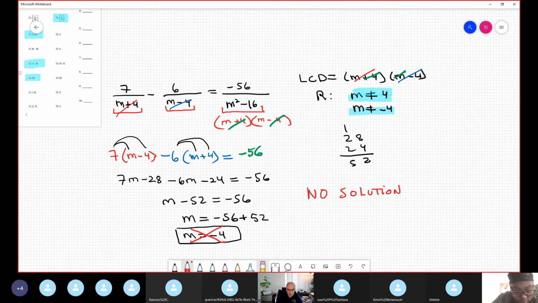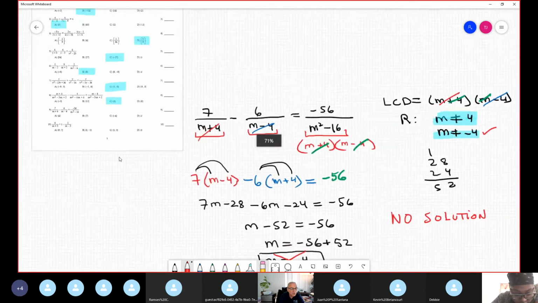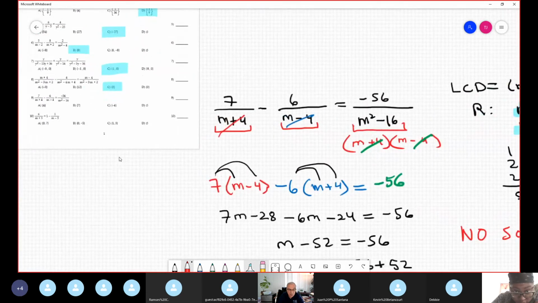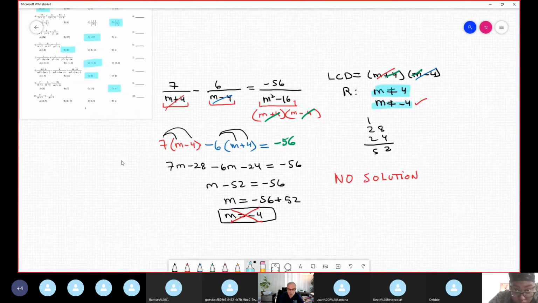It gives me negative 4, and negative 4 coincides with this restriction. Therefore, no solution. And what is the official symbolic way to indicate that? Well, no solution is the empty set, that symbol. Do you see, guys? Finally, you see this case in which we have coincidence between the solution and the restriction. Therefore, this equation has no solution.